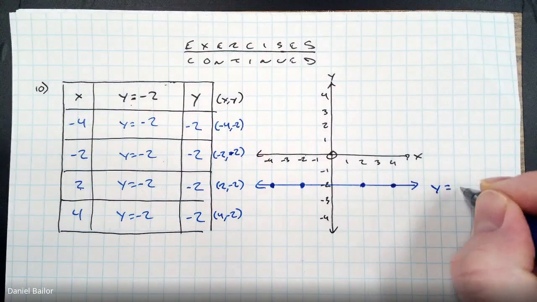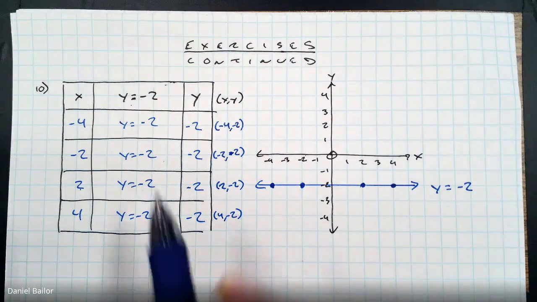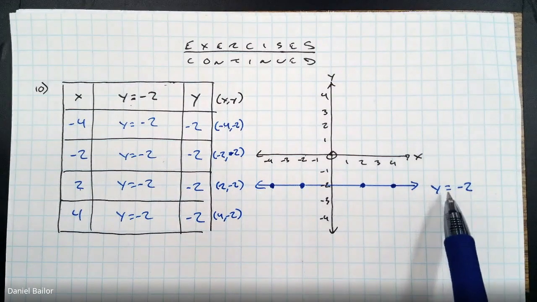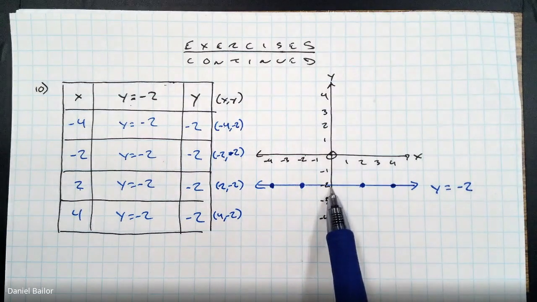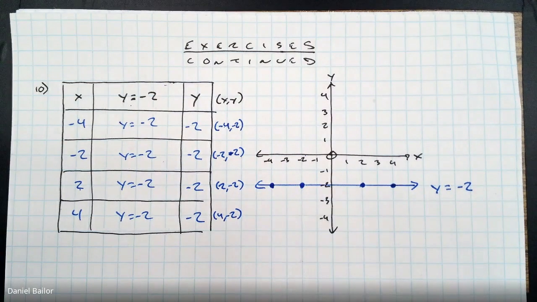Y equals -2. That's all we had to do. And where does the horizontal line cross the y-axis? It crosses at -2. No x means horizontal, and it crosses at -2.